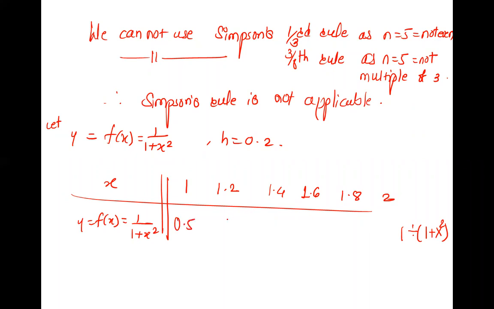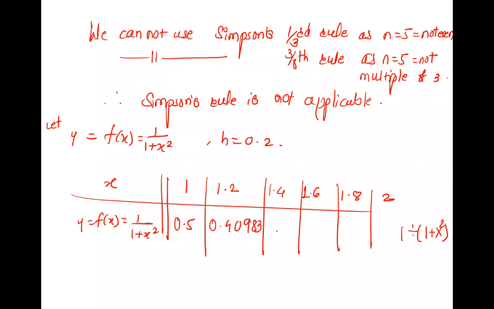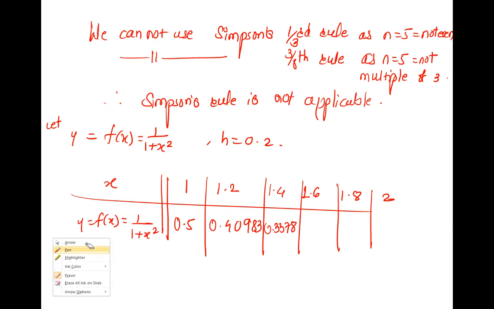Correct. Then calculate for 1.2. 0.40983 something. Good. Next, 0.3378. Is that correct? Tell me if you made a mistake. Everyone do it.